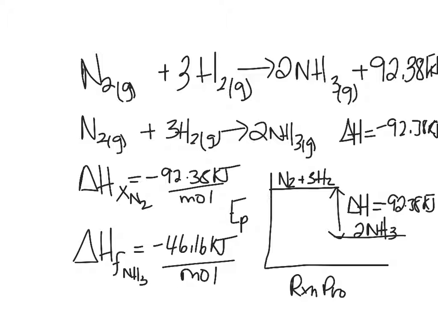What is the coefficient here in front of the N2? 1. What is the coefficient here in front of the NH3? 2. So you take your total enthalpy change for the second one here, and you divide by 2 moles, because it's per 1 mole. So you always take your total energy and divide by the coefficient in front of that substance that your molar enthalpy refers to. So thank you for saying no, you didn't get it.